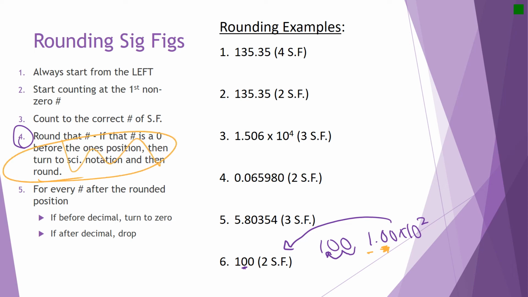I don't need to worry about it because that 0 is after the decimal. So now you're going to drop this guy. So you end up with 1.0 times 10 to the second, which means that you have 2 sig figs, which is the right answer. So if you ever have an oh crap moment, all you want to do is turn into scientific notation and round your scientific notation properly.